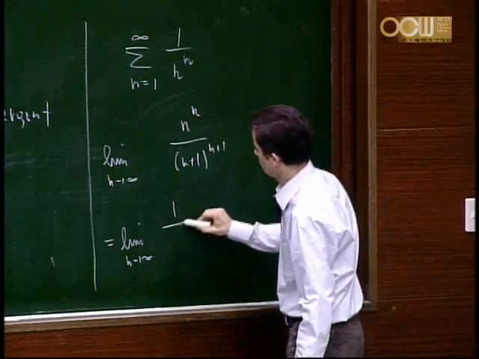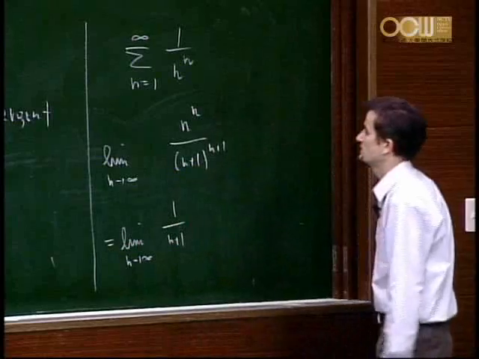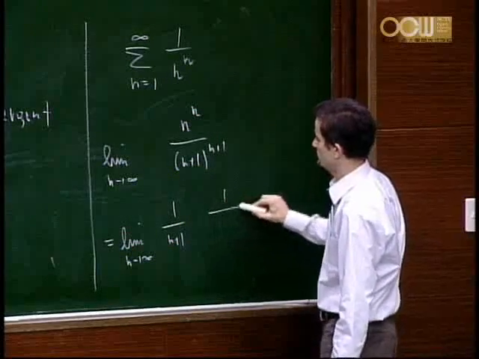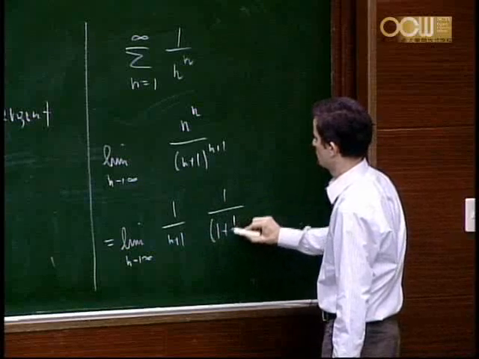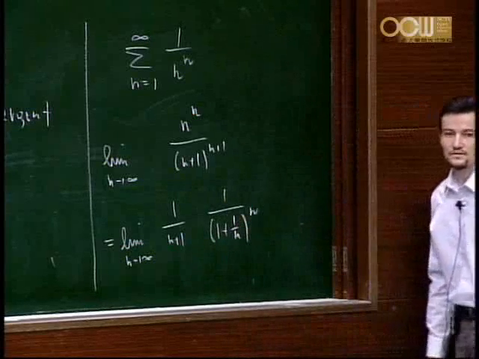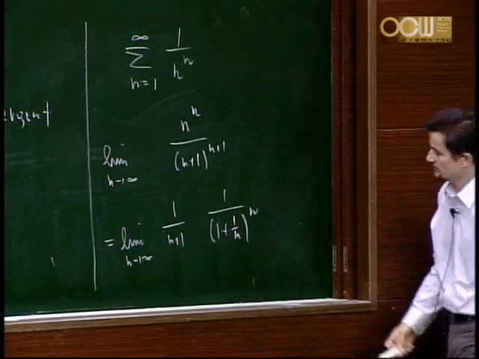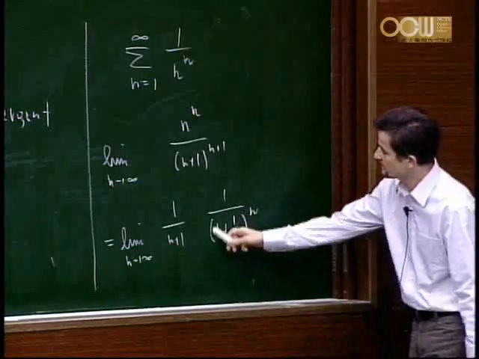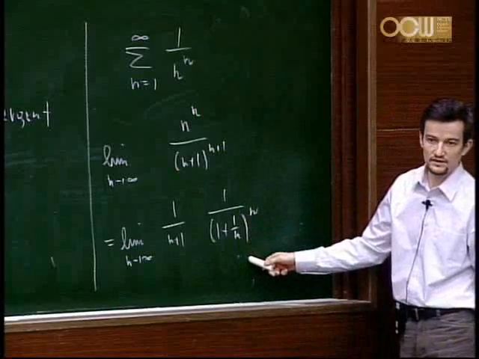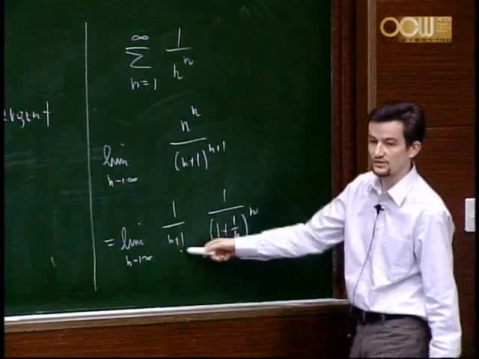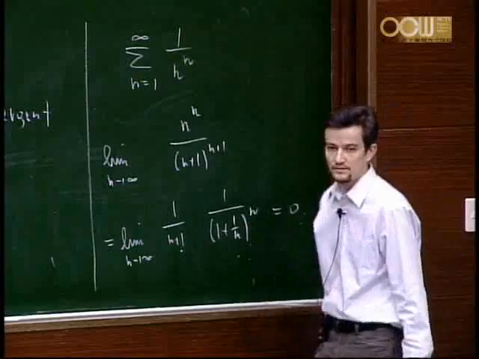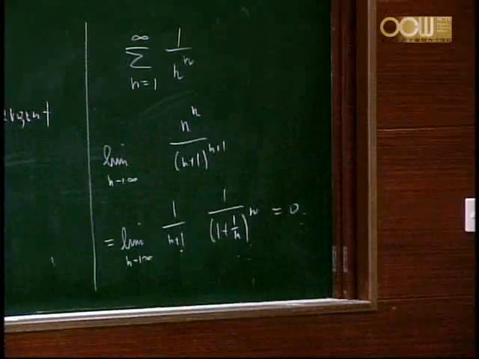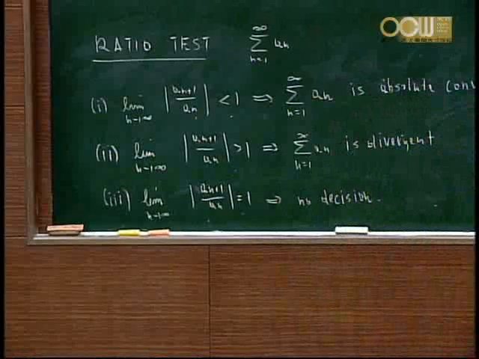We take out the 1 over n+1, so what is left is n over n+1 to the n, and this we write as 1 over (1 + 1/n) to the n. Now if you write it like this, the limit is easy to figure out, because you know that this limit is e. So you have 1 over e times 1 over n+1, but this goes to 0, so everything is 0. In the first case, you can immediately conclude this series is convergent.